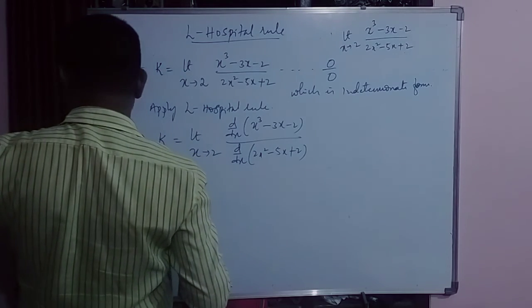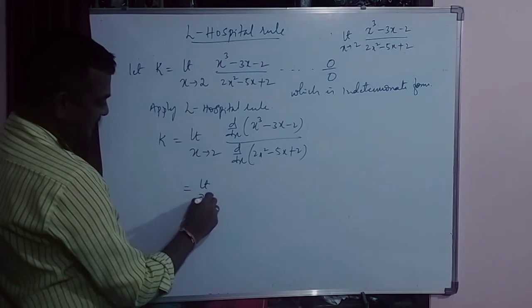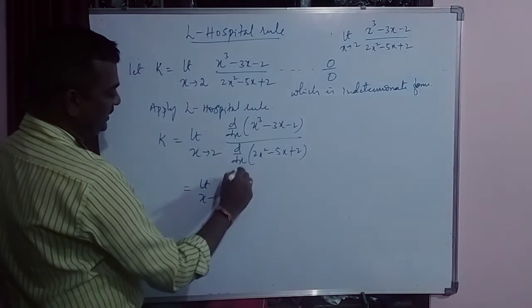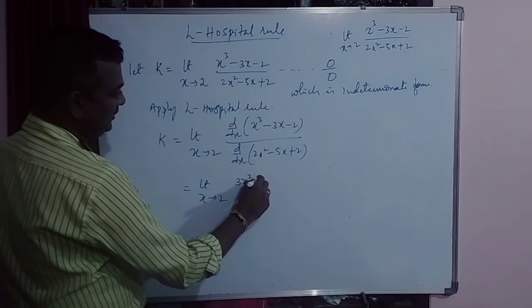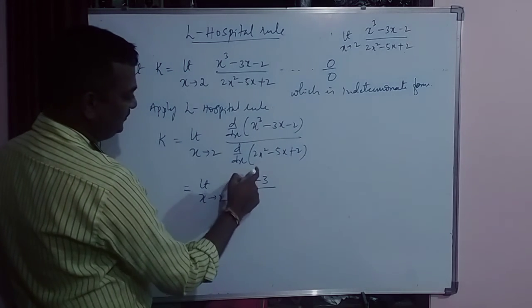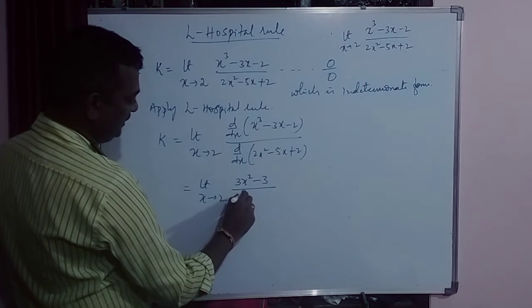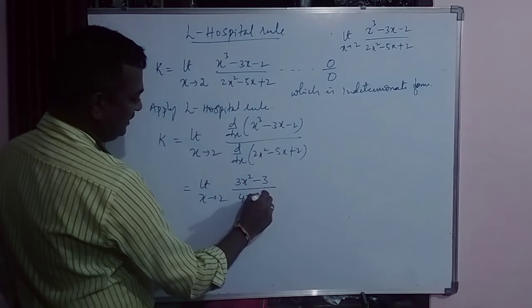And observe what we get. Limit as x tends to 2: x cube gives 3x square, minus 3, minus 2 gives 0, divided by 2x square in the denominator, which gives 4x minus 5.